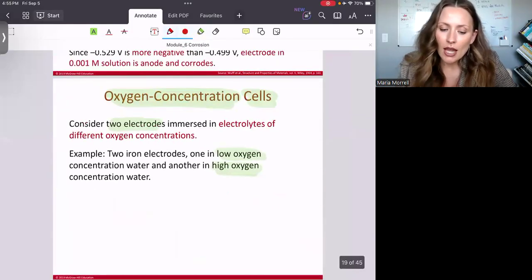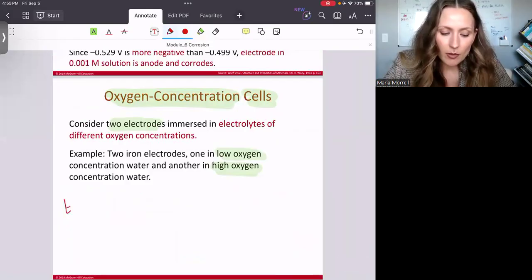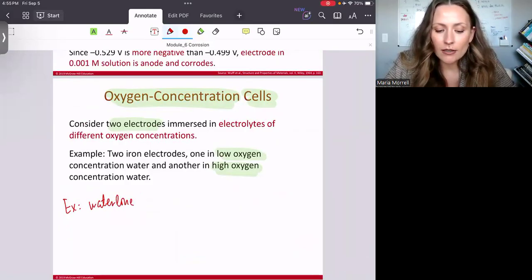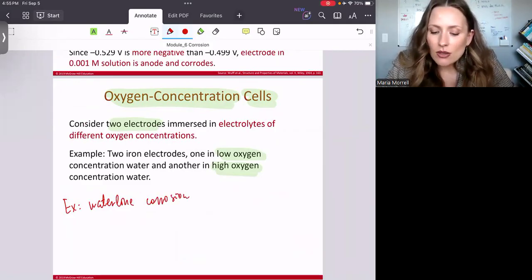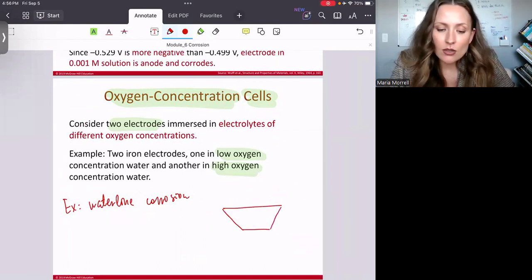Before I go on to the slide that has the answer, I want you to envision the following example. It's called water line corrosion. At some point, I will show you examples. I want you to think of the boat. This is going to be my boat, and you have this water.